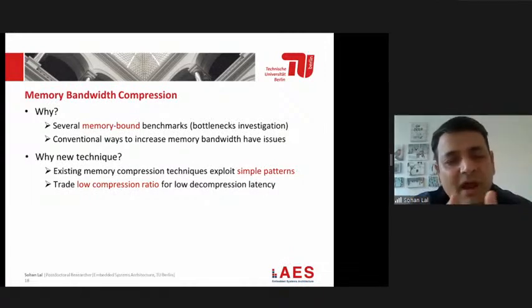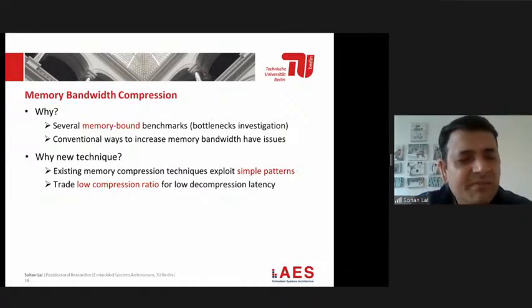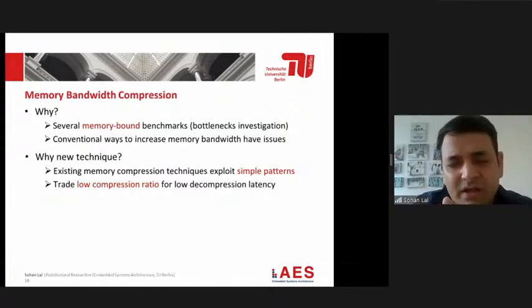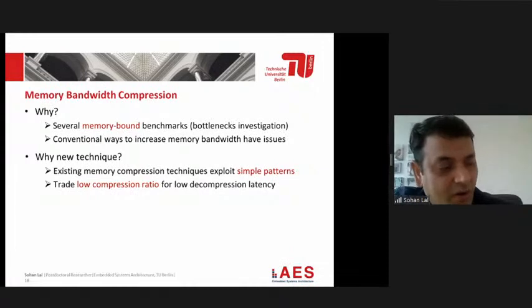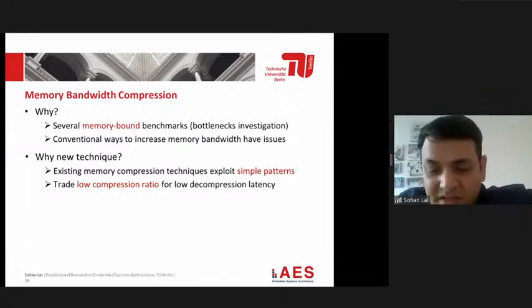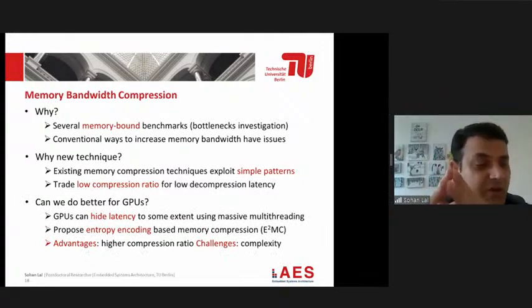But if you look at the CPUs, they are with us; the first microprocessor was designed in the early 70s and so on. So CPUs are quite old. There are a lot of techniques available for CPUs, but not the same number of techniques available for GPUs. So that's why we need to come up with new techniques for the GPU.